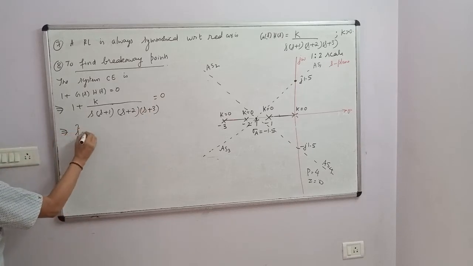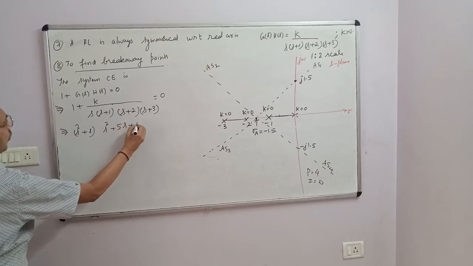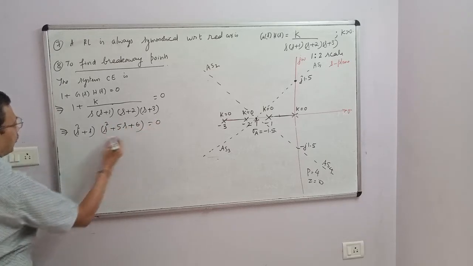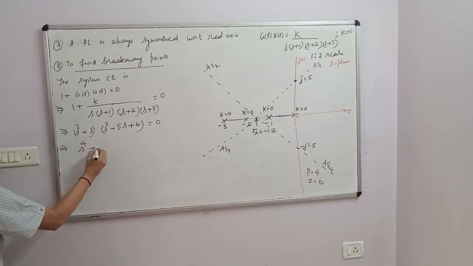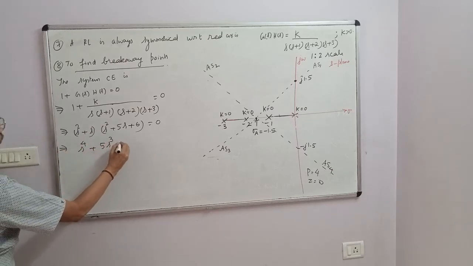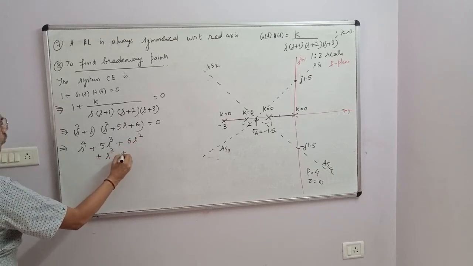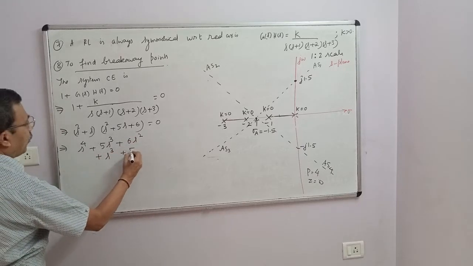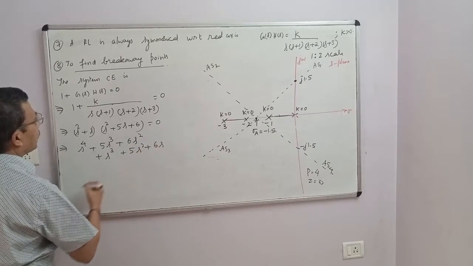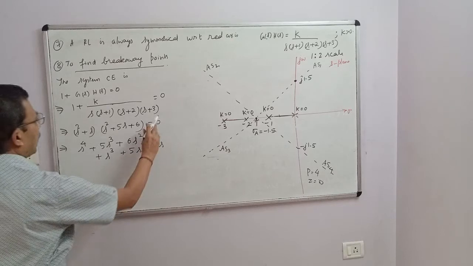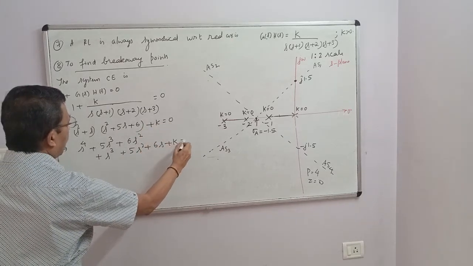This implies (s square plus s) into (s square plus 5s plus 6) plus k is equal to 0. Remove the brackets. If you remove the brackets, you get s to the power 4 plus 5s cube plus 6s square plus s cube plus 5s square plus 6s plus k equal to 0.